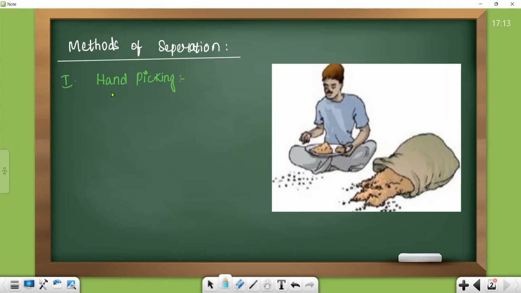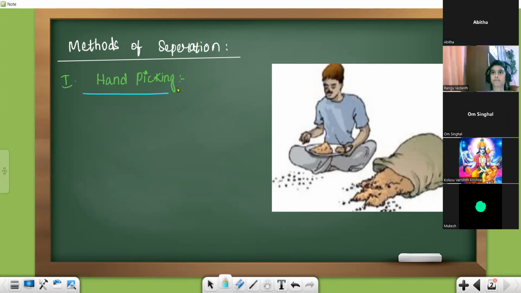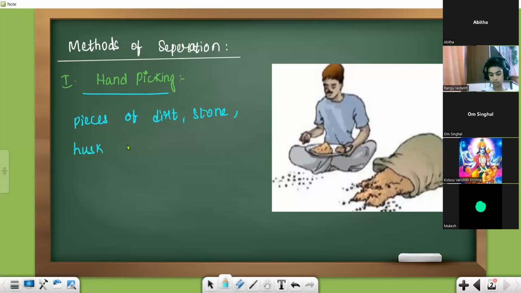Generally, the hand picking method is used if the particle sizes are large, like pieces of dirt, stone and husk from wheat, rice and even pulses.